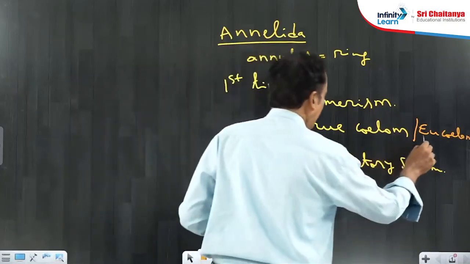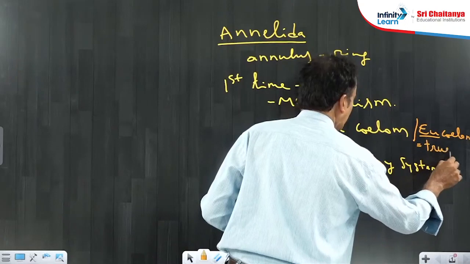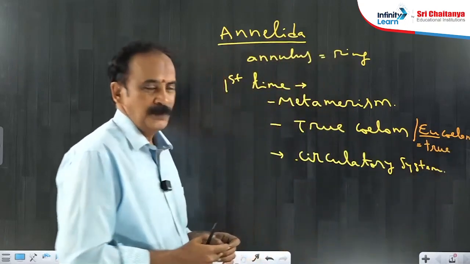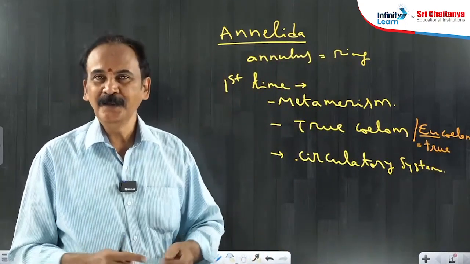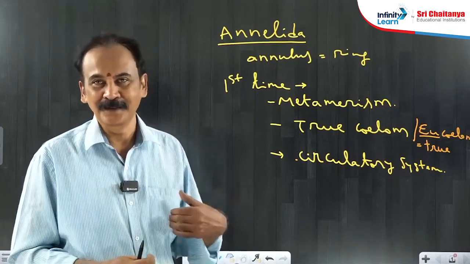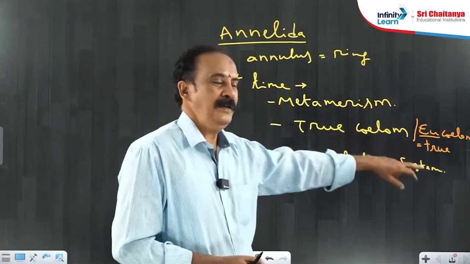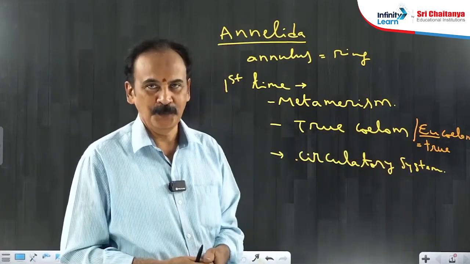The word "eu" means true. As you know, scientific terms we derive from either Greek or Latin; they are not English words. So the literal meaning of eu is true.